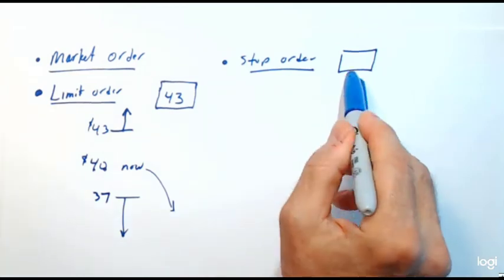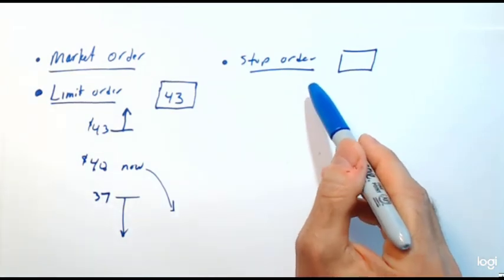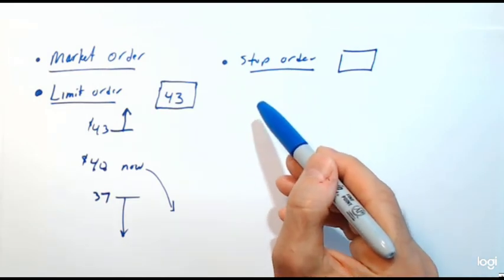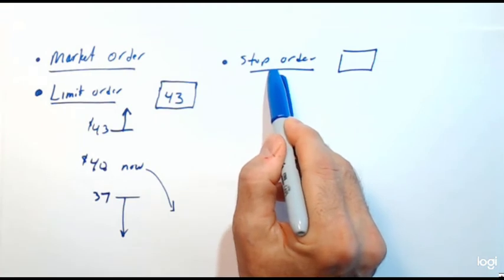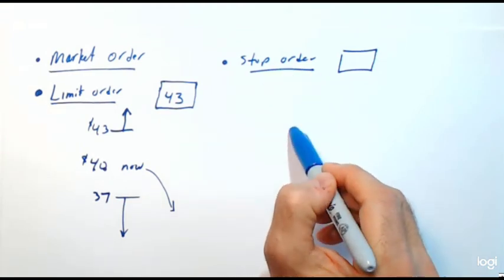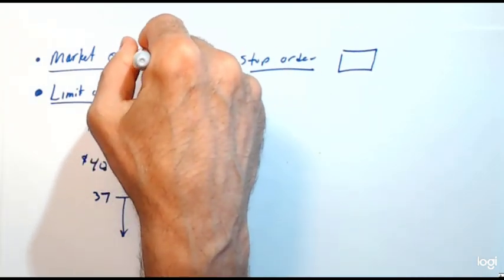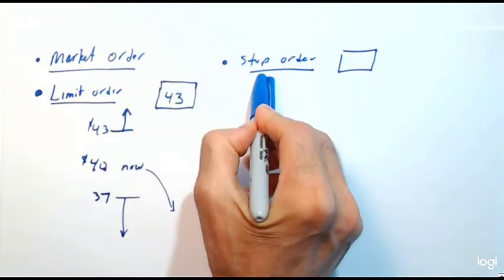Once that stop price is hit, the order becomes a market order, which means it's the next best available price. The stop order price is basically a trigger, and it triggers a market order, which means you get price uncertainty, but you get order execution provided the stop price is hit.